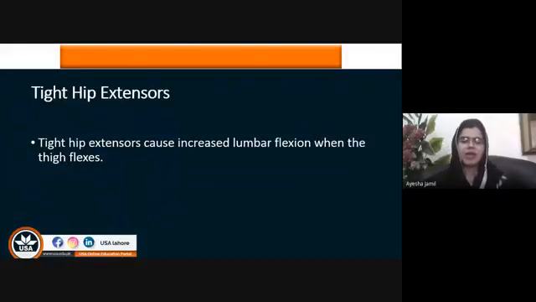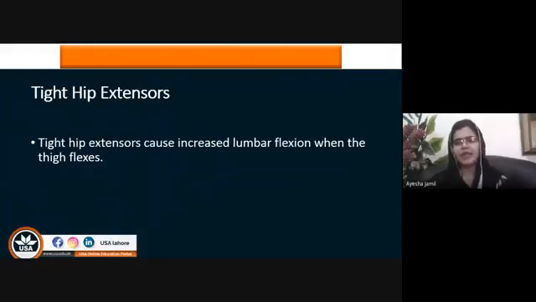describe it again. I have told you that tight hip extensors cause increased lumbar flexion when the thigh flexes. Here it is important to know the two joint crossing action of the muscle, as the hip extensors are of two types: the single joint crossing muscle and the two joint crossing muscle.